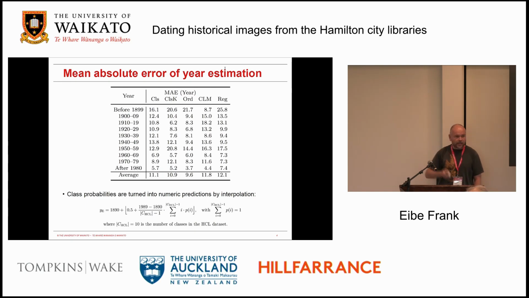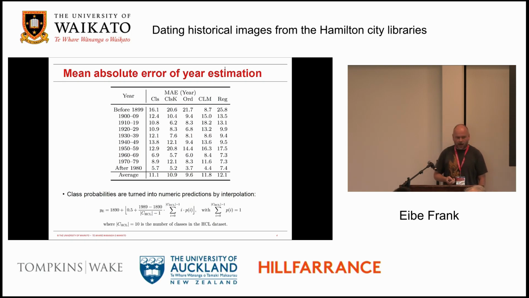For the other decades, however, with the best models, we are only about 10 years out, so maybe this is actually something that's usable in practice. We aren't at the point yet where we actually have established that this is useful to the librarians working in the Hamilton City libraries. We also don't know how well humans actually do on this problem. It would be nice to have multiple humans give the date for images and measure the agreement of the humans. We haven't established that either.